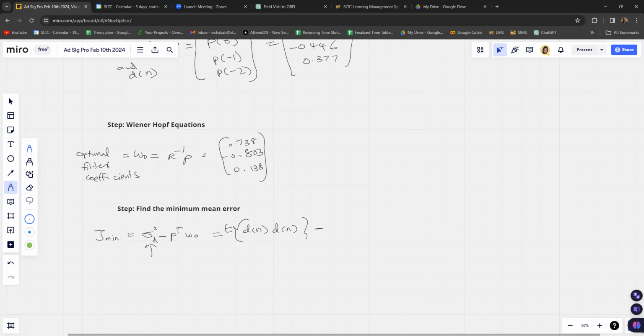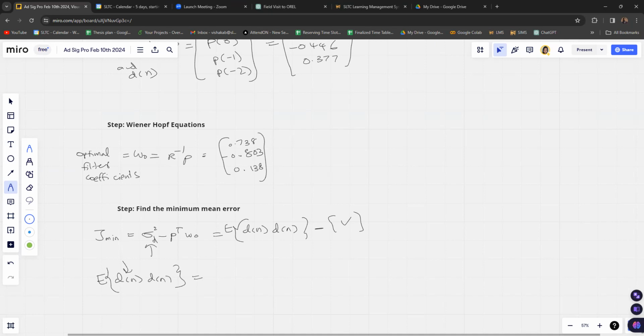And then P transpose is the one that we know. So we can take the multiplication between the P vector and this one. So we can find this value that comes here. The value that we have to find is this desired signal's variance, so that one we have to find using the known things.